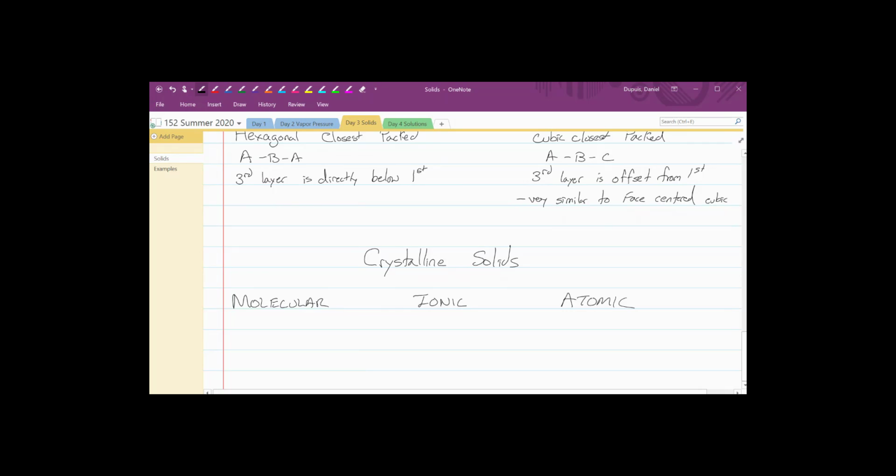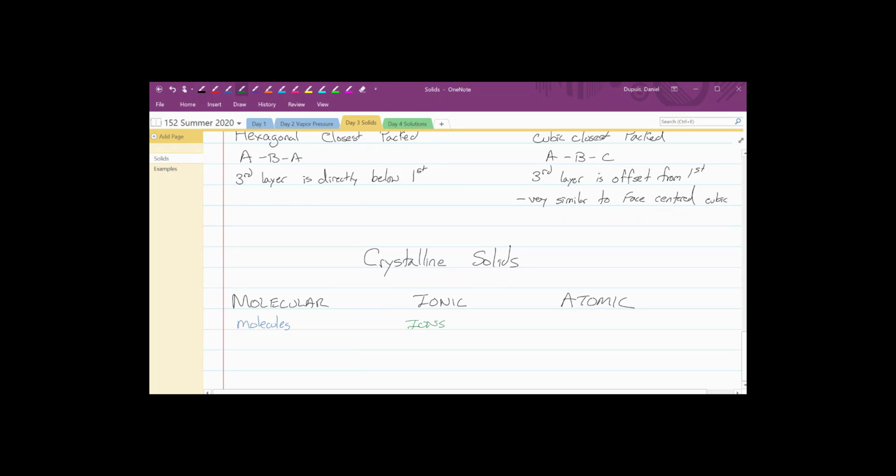Obviously, molecular solids would be composed of molecules. Ionic solids would be composed of ions.